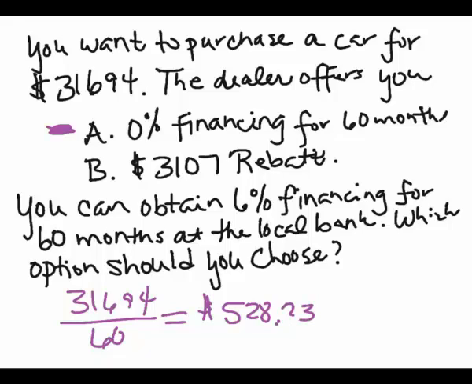Okay, now if you go with the other plan, the $3,107 rebate, you're going to have to go with your bank, and your bank was the 6% financing for 60 months. So you're going to get the money off, but then they're not going to give you a financing plan. You're going to have to finance with your bank.